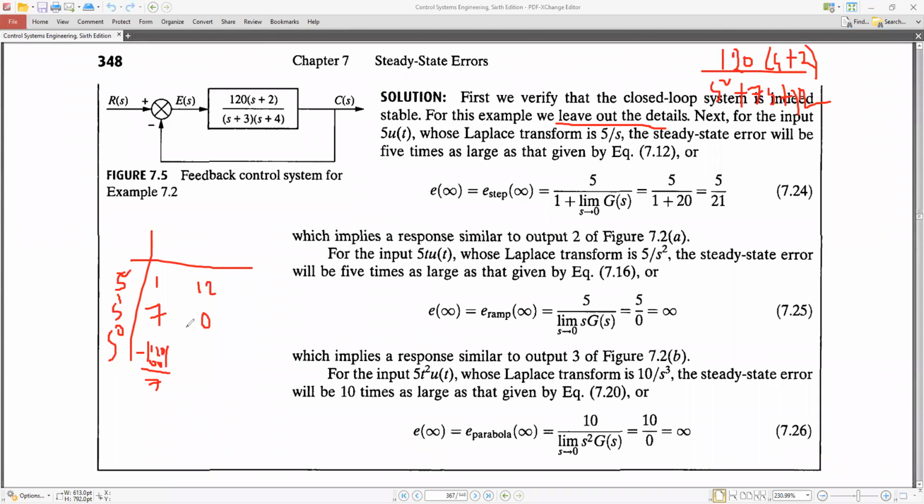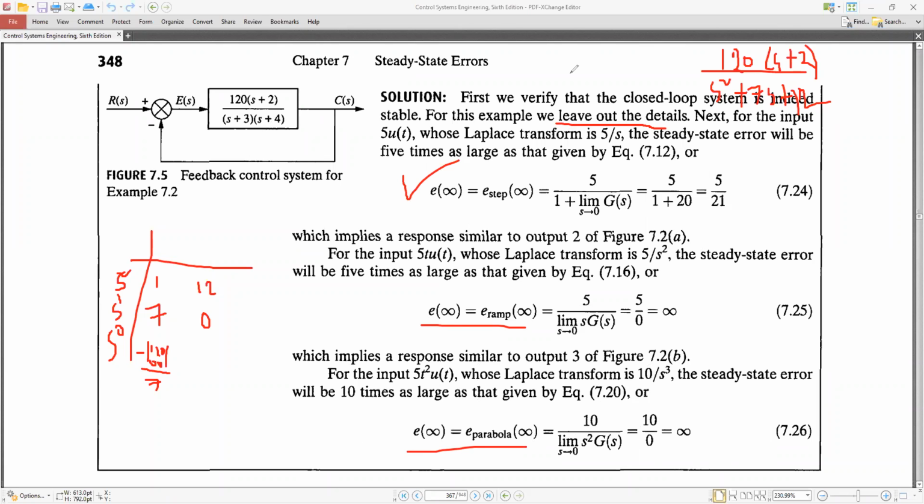So, next thing, see here. We have seen that only a step function gives a finite error, but those are infinite. For this output, for ramp and parabolic input, you have found the output is infinity.